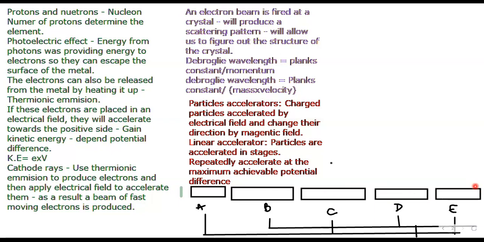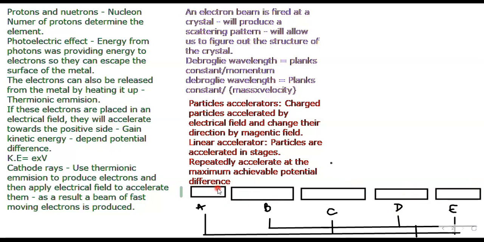Now, in order to keep accelerating particles and make sure they are moving faster and faster, the tubes must be longer and longer. Don't go by the diagram I made, it's not correct. The tubes will be longer and longer.